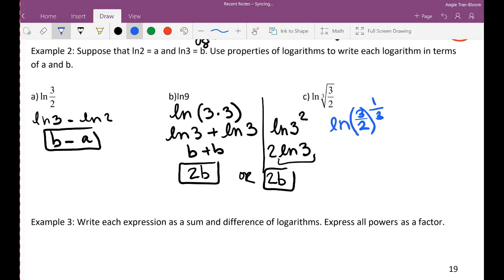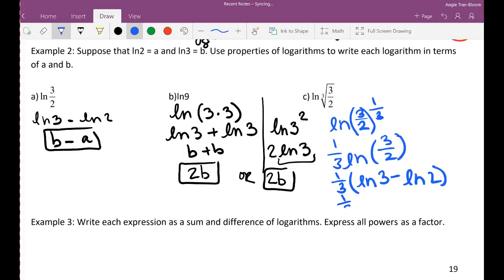Okay, and then the 1/3 gets multiplied to the front, so it becomes 1/3 ln of 3/2. And then that becomes 1/3 times ln 3 minus ln 2, since division becomes subtraction. Good. Which becomes 1/3 times b minus a.